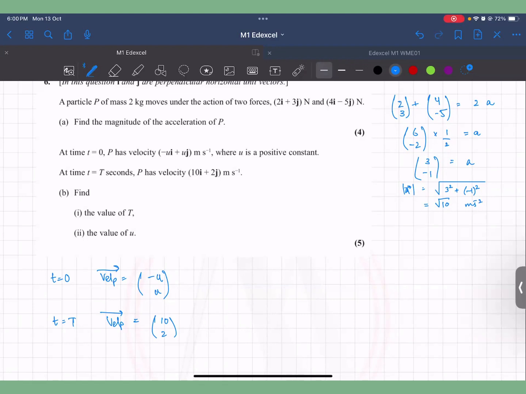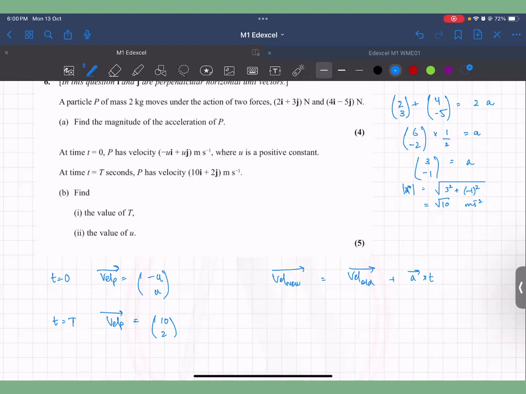We know the acceleration, so we can find the new velocity. New velocity is equal to old velocity plus acceleration times time.